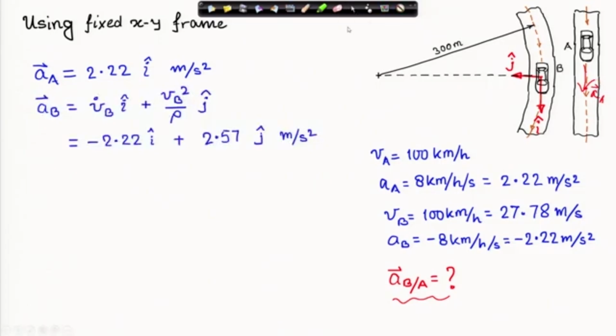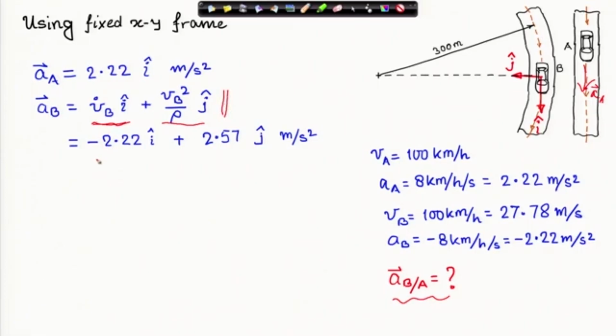Acceleration of B now has acceleration because of two things. One is the tangent acceleration, tangent to the path, this we have discussed in the previous lecture. So, acceleration of car B has the tangential acceleration, and this is the normal acceleration, normal to the path because of path curvature, and this is what we have discussed in a previous lecture.